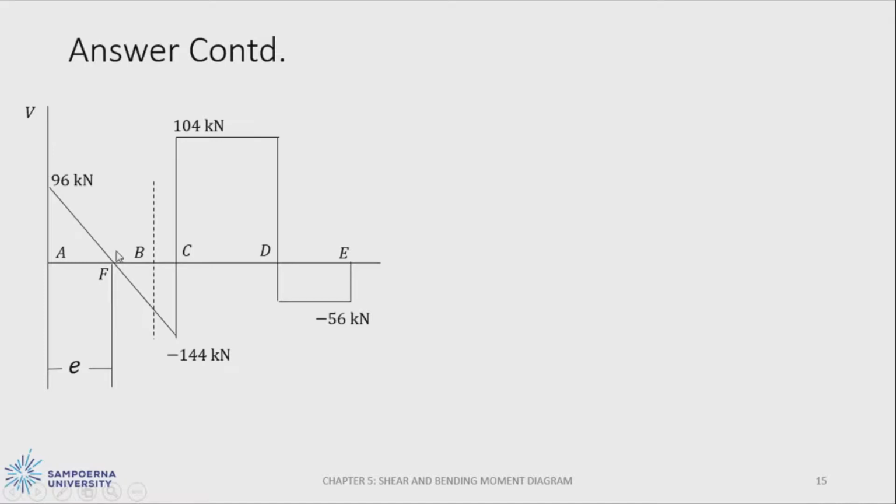We can use the congruence and similarity theorem to find the distance from point A to point F where it is intersecting the 0, and we will obtain 1.2 meter as the distance from A to F. Then we can calculate the areas below the graph to find the moment acting on the beam.